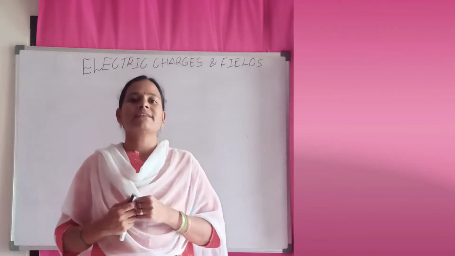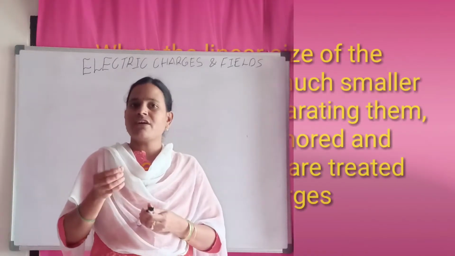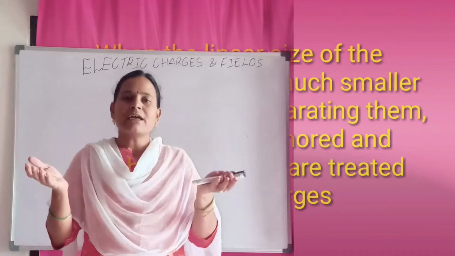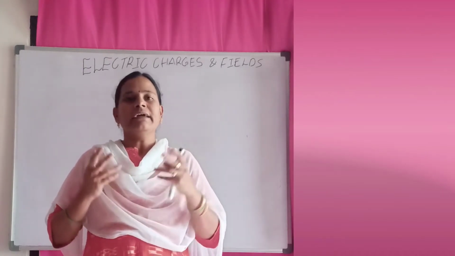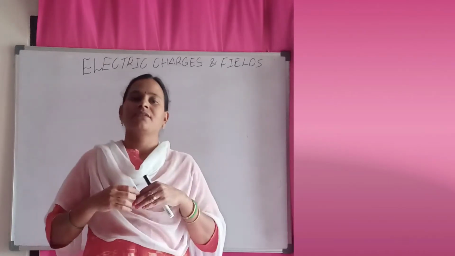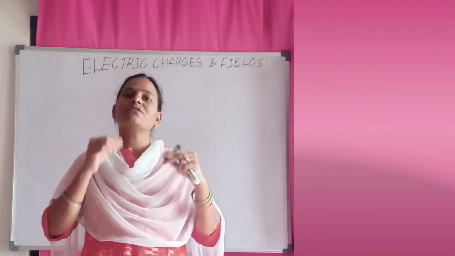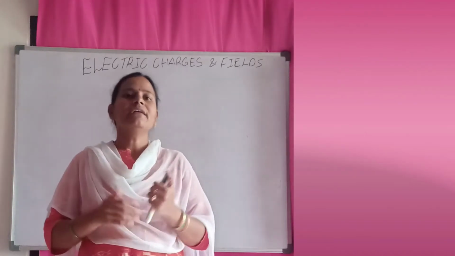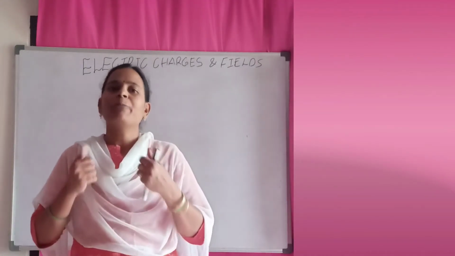That type of charge is called a point charge. For example, take two charges of 2 coulombs each, separated by 100 meters. The distance is 100 meters and the charge value is only 2 coulombs. 2 is a very small value compared to a distance of 100 meters, so this type of charge is called a point charge.